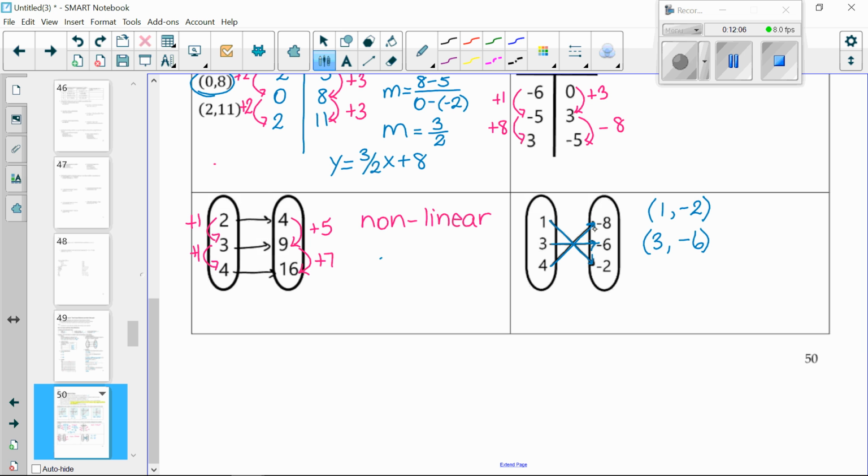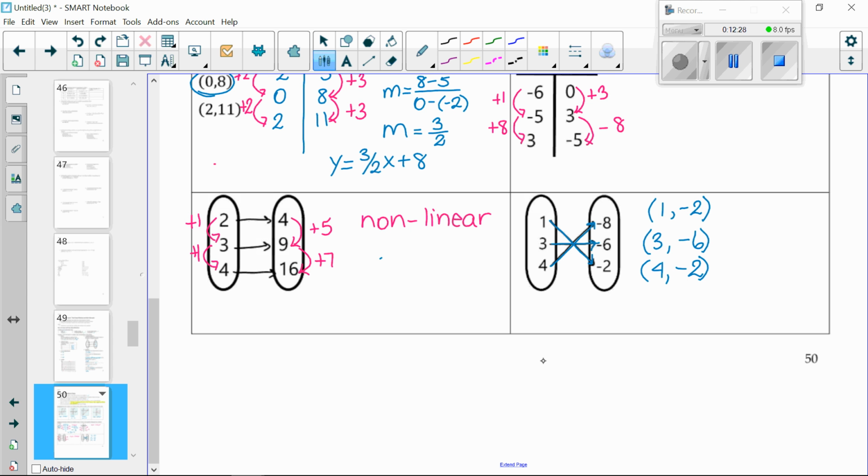Here I'm going from 4 to -2. Now take a look, something interesting right here. I've got 1 mapping to -2 and I have 4 mapping to -2.